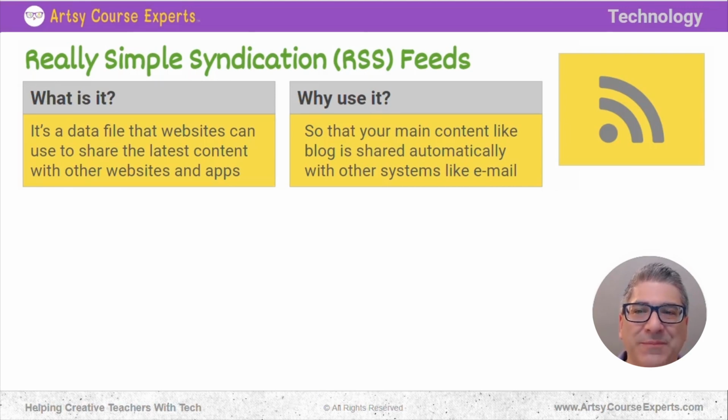Why would you want to use it? You would want to use it so that your main content, like a blog and every single article, is shared automatically with other systems like email.